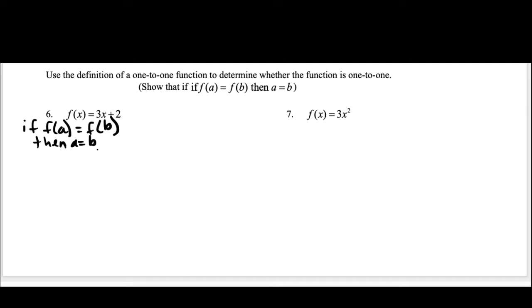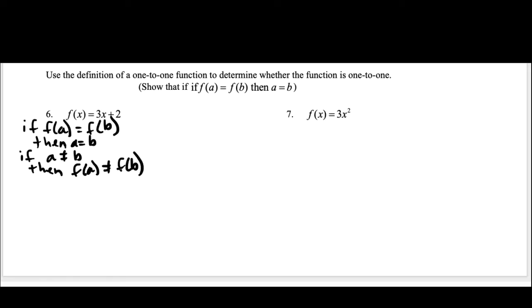So that's one condition. The other one is: if a is not equal to b, then f of a is not equal to f of b.